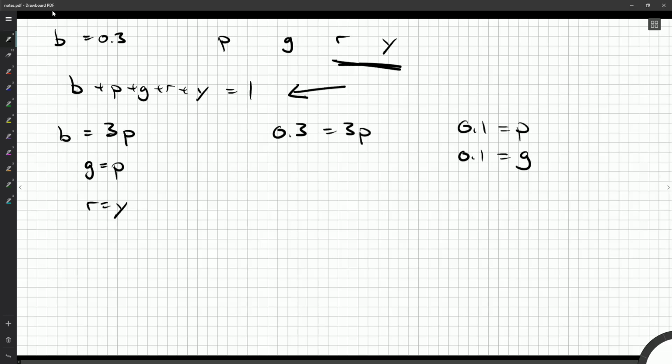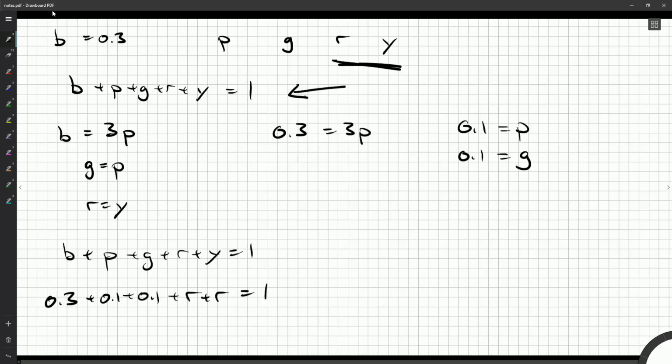And now I've got B plus P plus G plus R plus Y is 1. Well, brown is 0.3. Both purple and green are 0.1. I don't know red, I don't know yellow, but I do know red and yellow are the same.